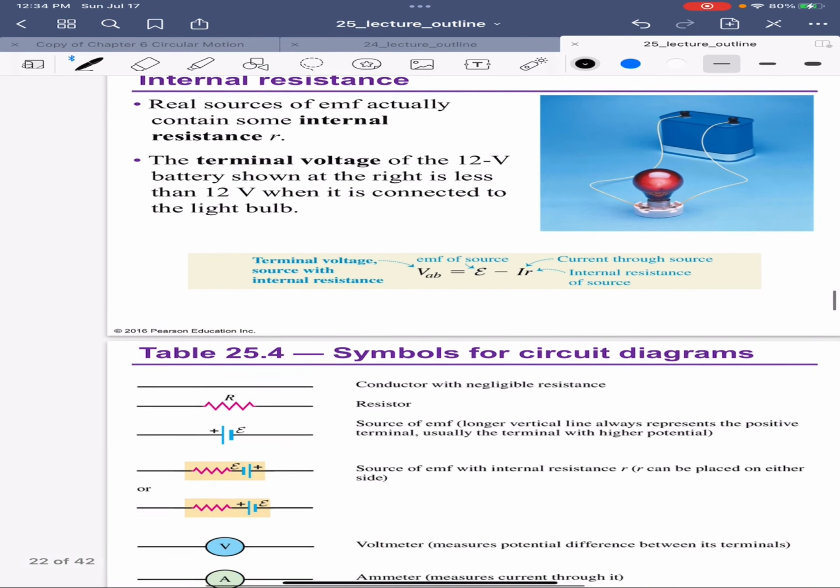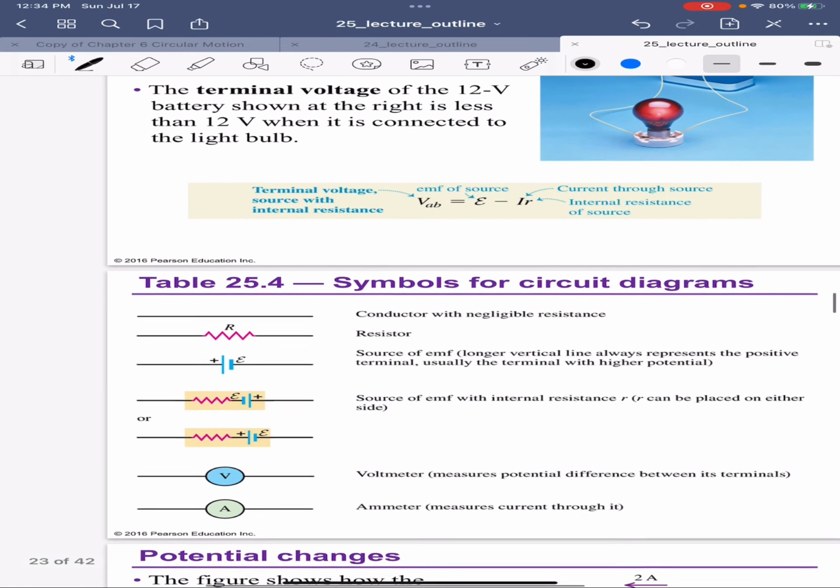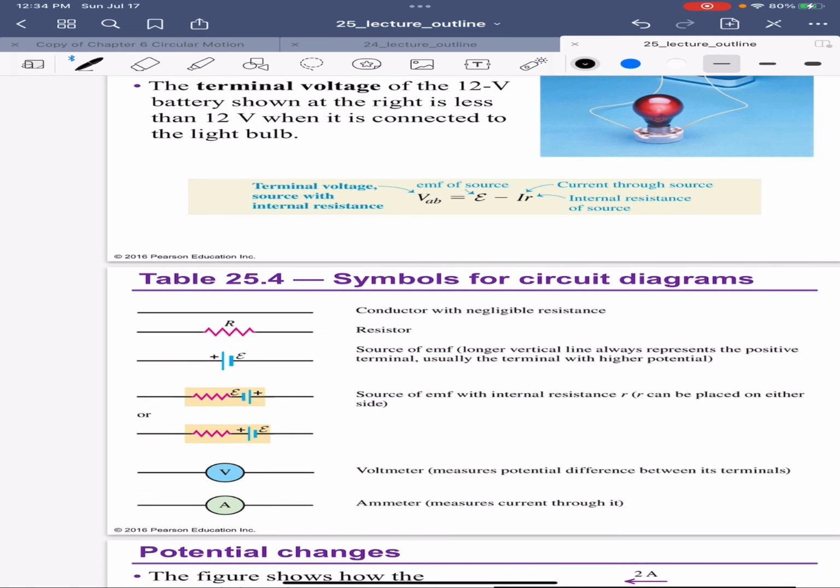It's easier when we draw circuits to use some symbols. For example, a conductor with zero or negligible resistance is just a wire, a straight line. The resistor is this one. The battery or the EMF is two parallel lines of different lengths, different from a capacitor.